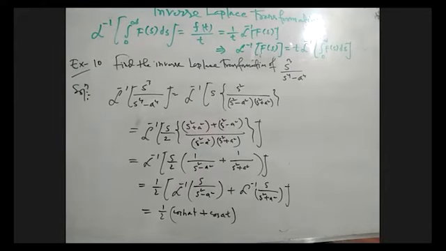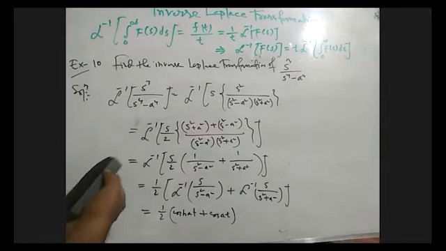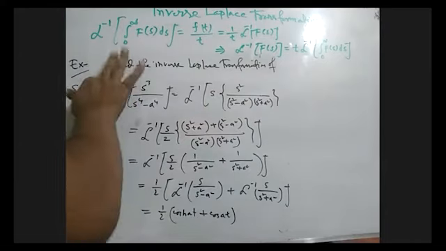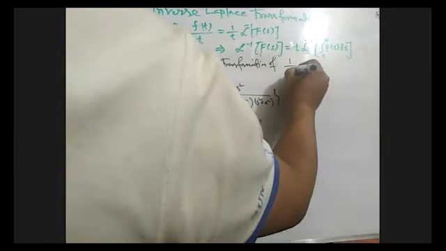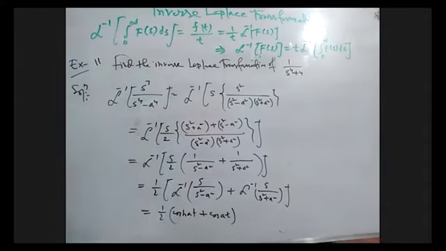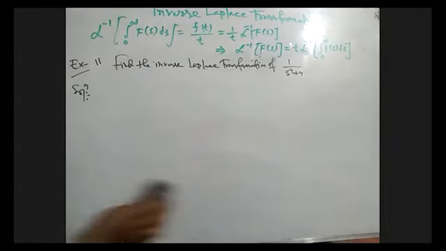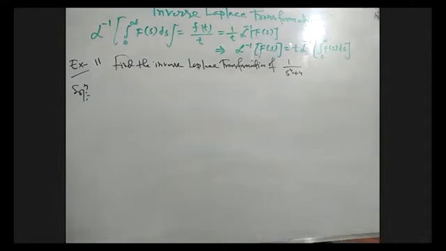Now how to find the inverse Laplace transformation of 1 by s to the power 4 plus 4? How to find this? By using the integration method. You have to use the integration method here, that means the integral property.